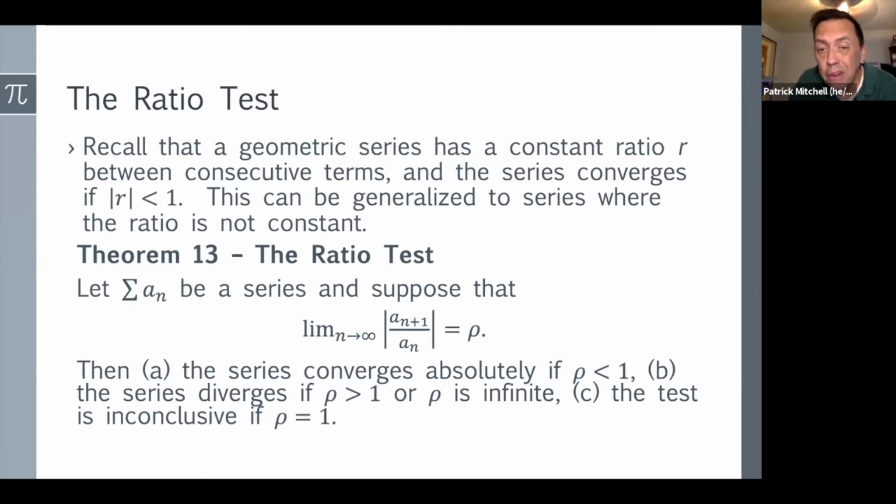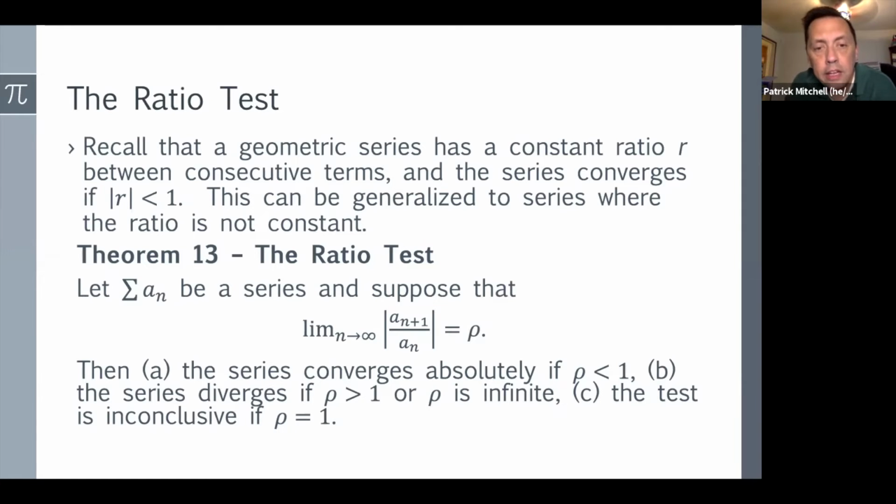So this is the ratio between the n plus first term and the nth term. We're going to call that limit rho. This is the lowercase Greek letter rho, R-H-O, the Greek version of the letter R.